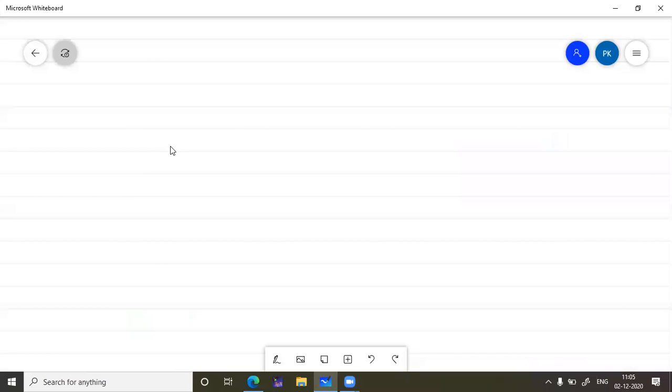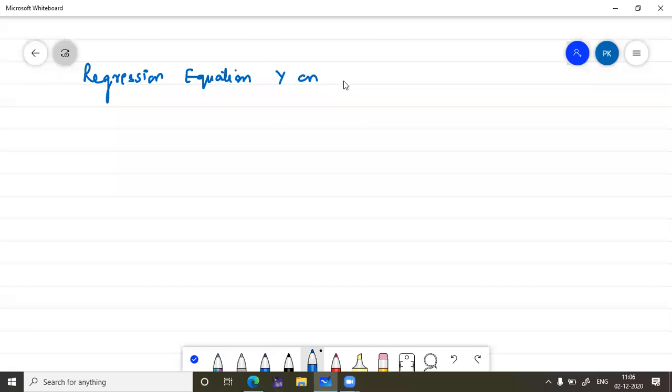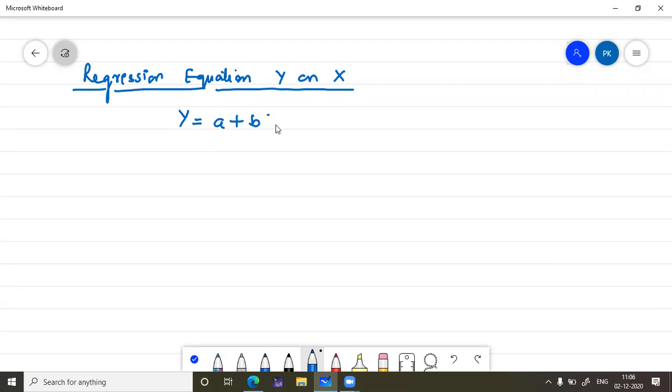The first regression equation is the regression equation y on x, and the equation is of type y = a + bx.